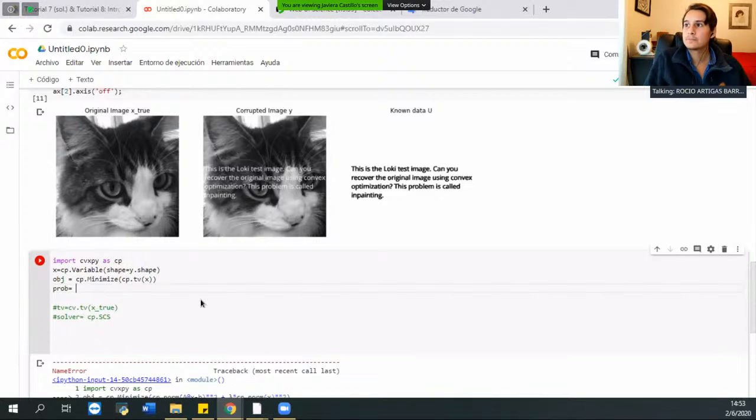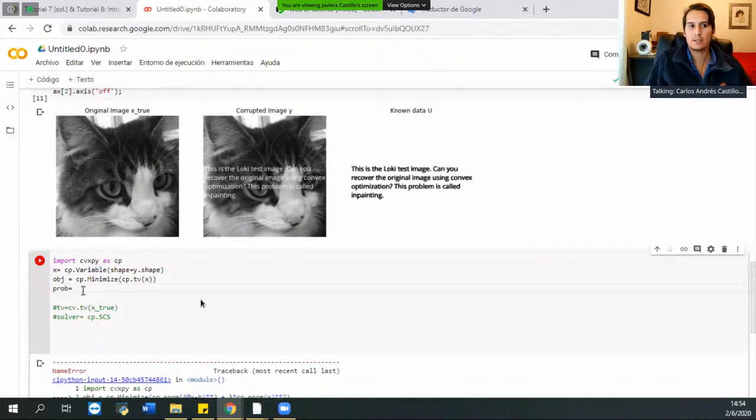Why are we using the cp.Variable? First, to use CVXPY, you need to define the variable you're trying to get or to optimize, and the variable that you're trying to get is x. That is the image of the cat. That's the final result, the image of the cat. And you need to define the shape, and that's what you do with y.shape.